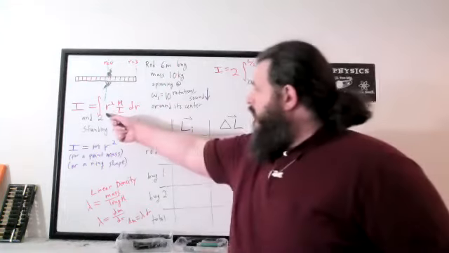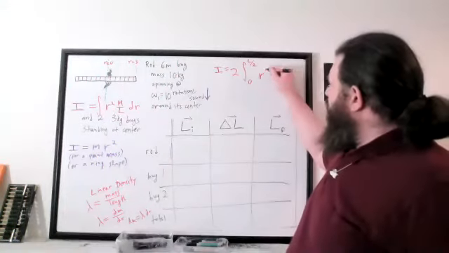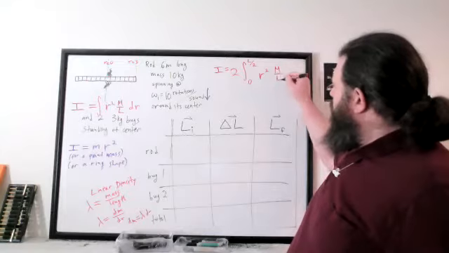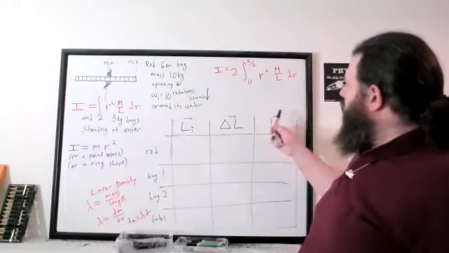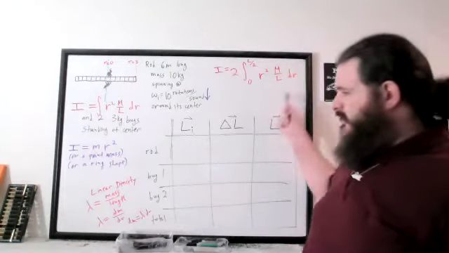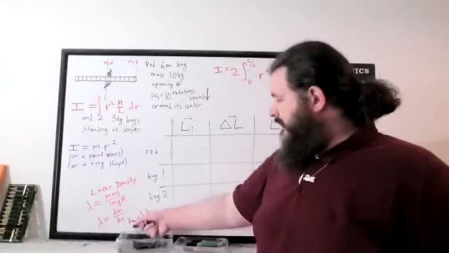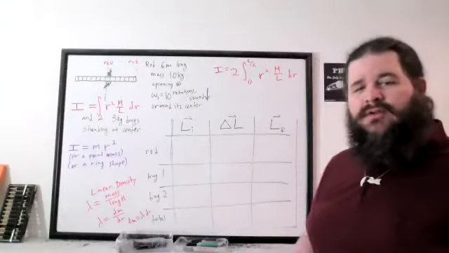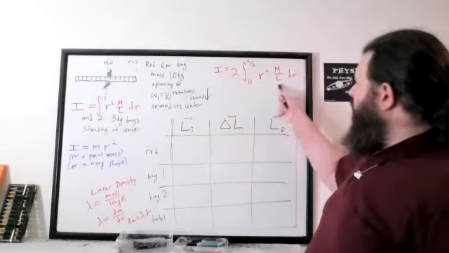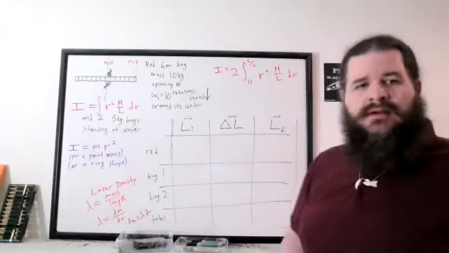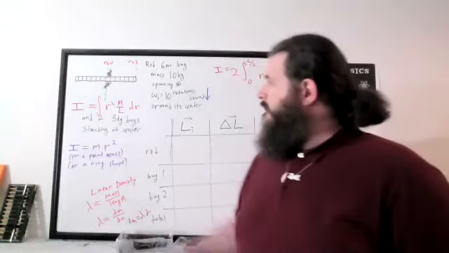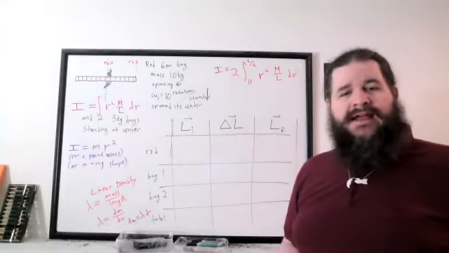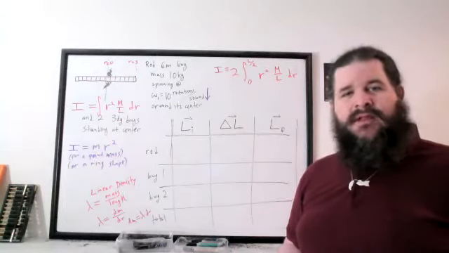And we're integrating r squared times mass over length times dr. Because mass over length times dr is the same as dm, a tiny bit of mass. So we really do still have here a tiny bit of mass times radius squared, the formula for a point mass, but then we're using an integral to add together all those little pieces.